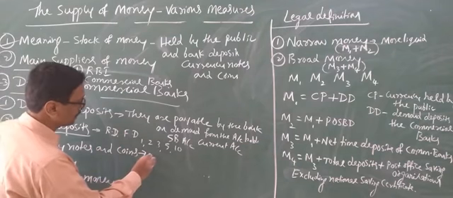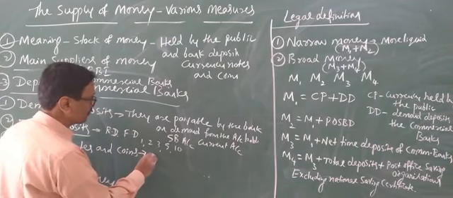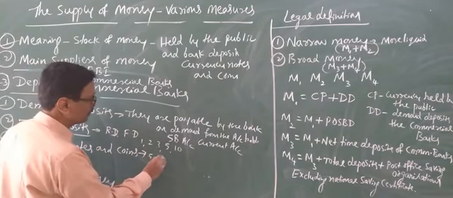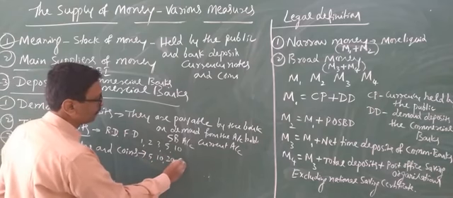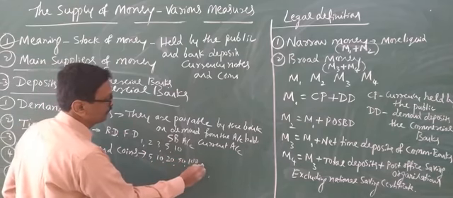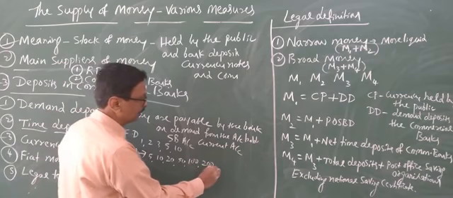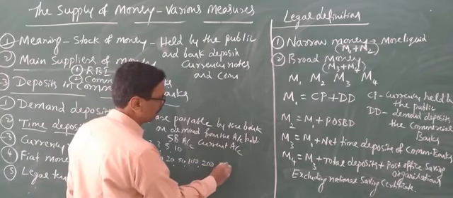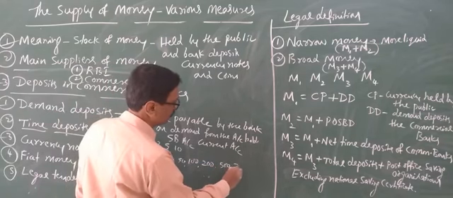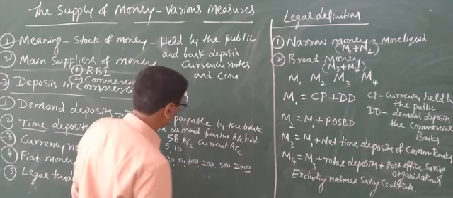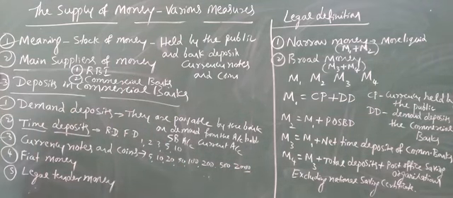Currency notes like 5 rupees, 10, 20, 50, 100, 200, 500, and 2000 rupee notes really exist in the economy.